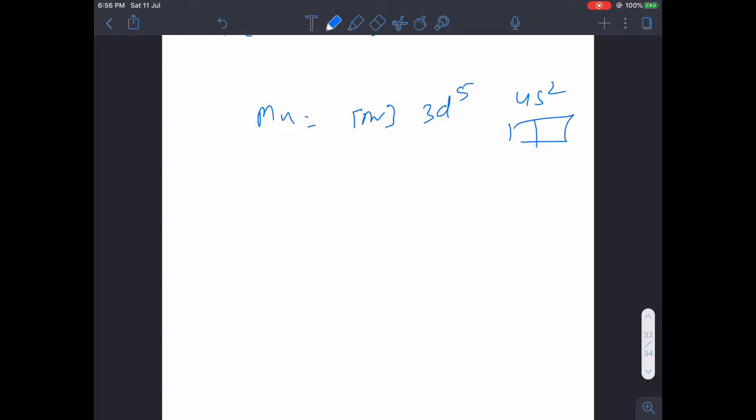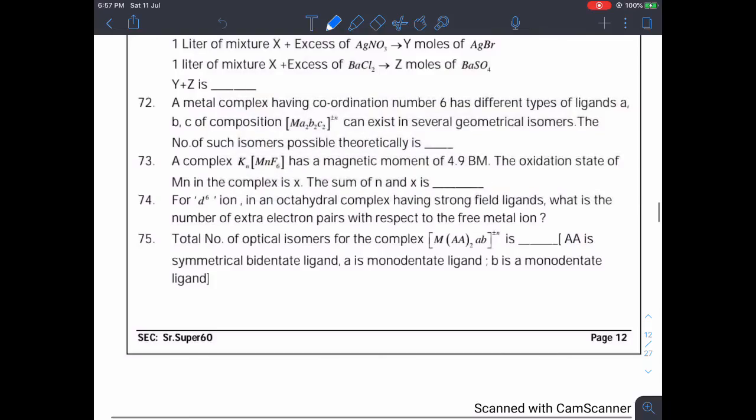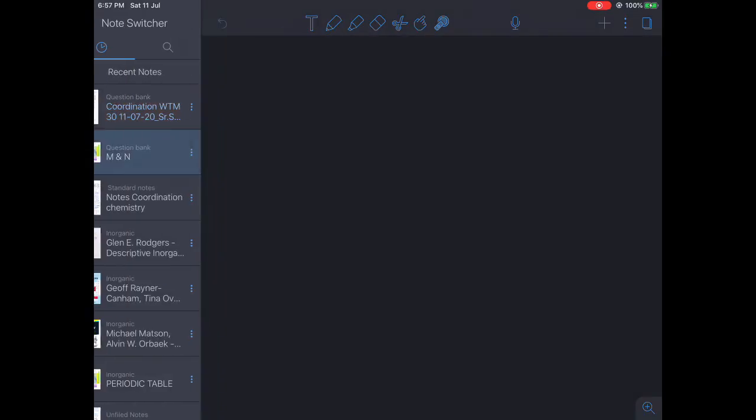How many unpaired electrons do we have right now? In d5 we have a total of 5 unpaired electrons. Now how many do I actually need? I need just 4 unpaired electrons, right?